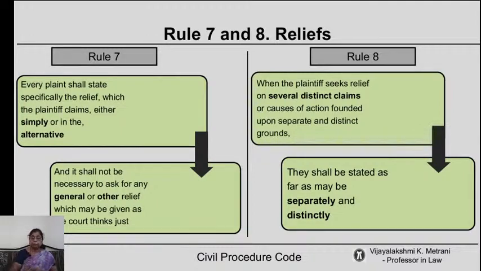That is one thing. Then you are filing on several causes of action, so on separate and distinct grounds. You can join those causes of action, as we said. According to order 6, we can join all the causes of action. So in that case, what are the things relating to the several causes of action?